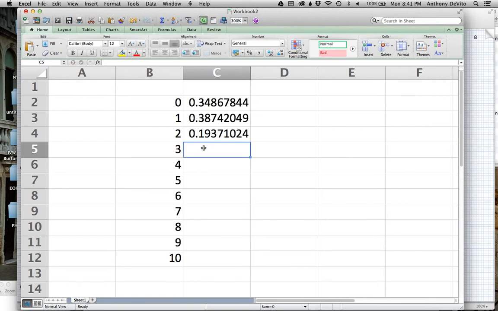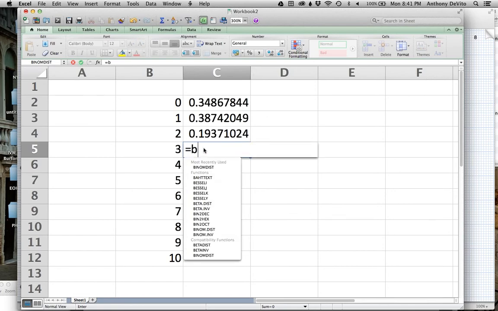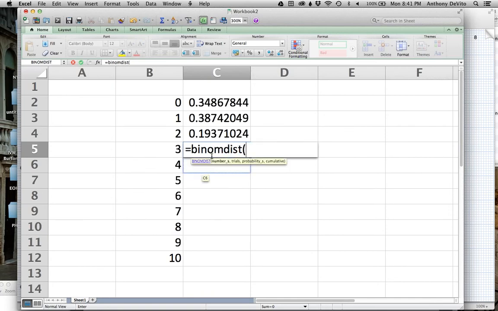Actually, what I'm going to do from this point on is I'm going to say equals binom dist, parentheses, and instead of putting number S, I'm going to click into the 3 over there, comma, 10, comma, 0.1, comma, false, again, still false, because I only want it for exactly 3 out of 10, and hit enter.